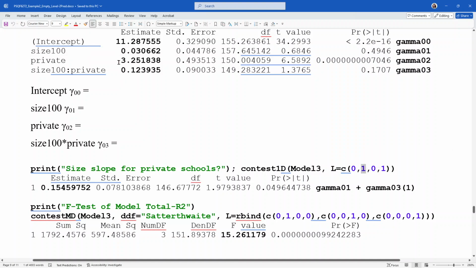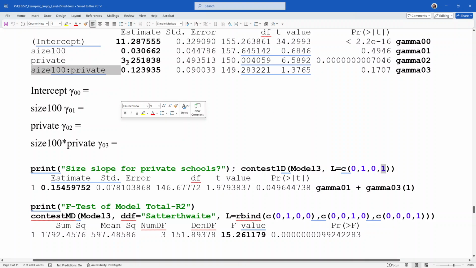So then what it's doing is, okay, start with 0.03. Don't do anything to the main effect of private because what we're focusing on is the size slope and the main effect of private is irrelevant, so we're going to leave that out, that's a 0. And then we put a 1 here for the interaction term because that's the value of the moderator that we want to multiply the interaction.